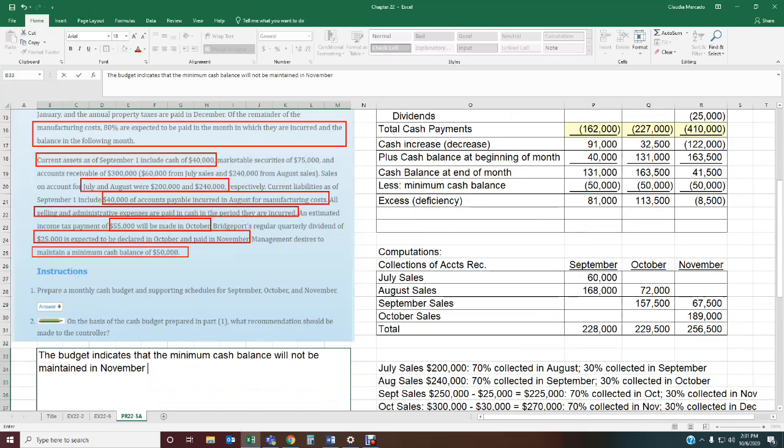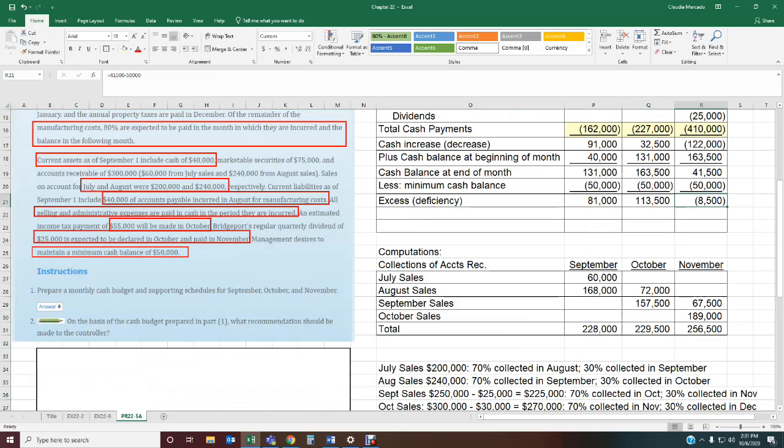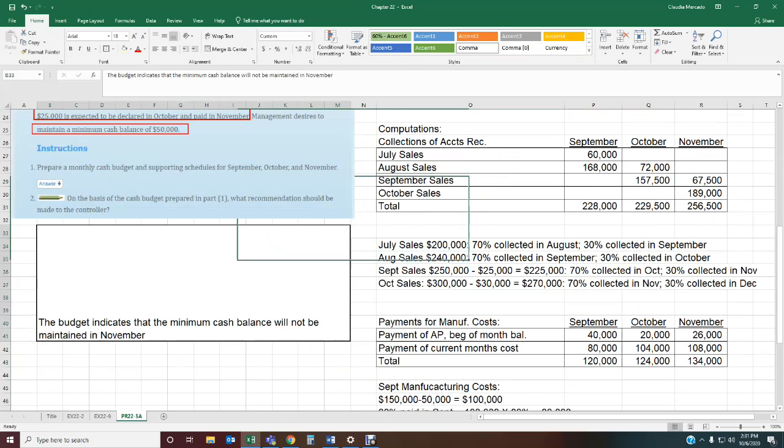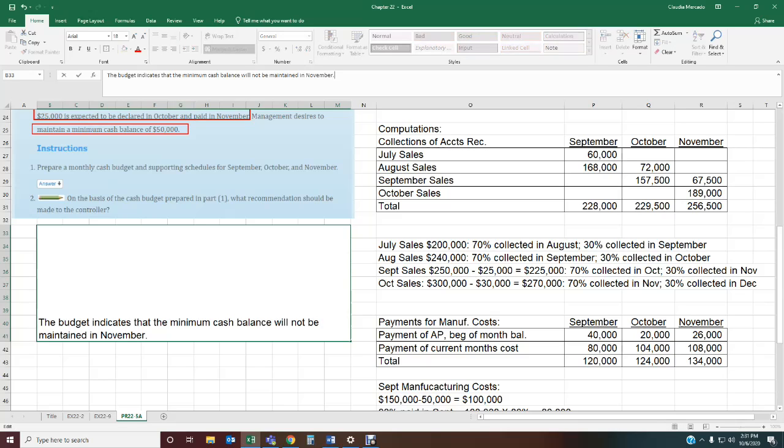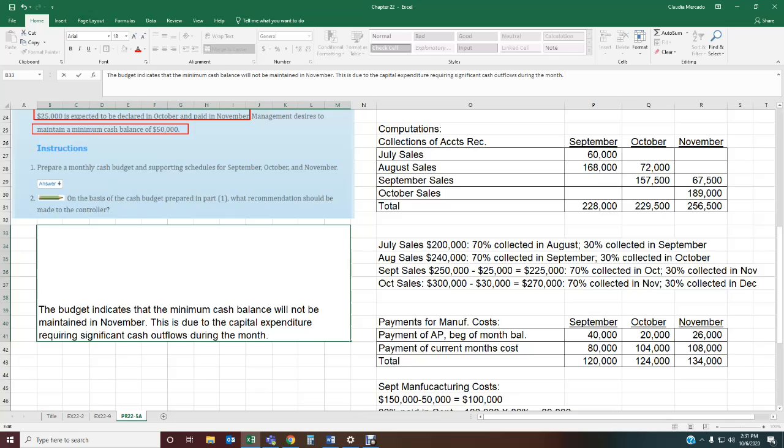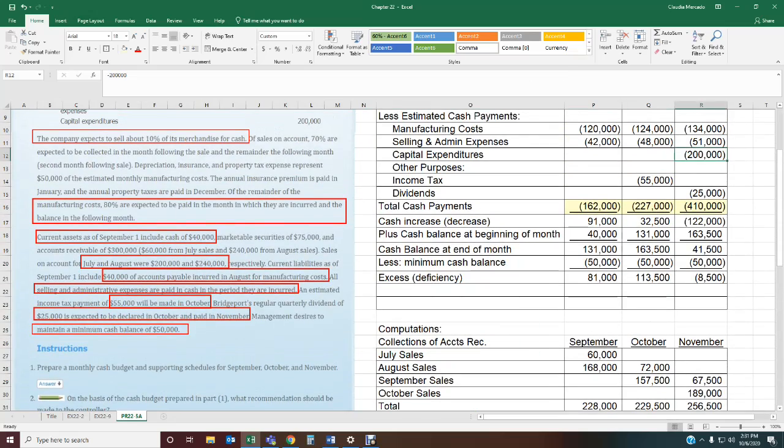Remember, we're short, we're deficient $8,500. This is due to the capital expenditure requiring significant cash outflows during the month. Remember, we had a $200,000 capital expenditure in November, right there, $200,000.